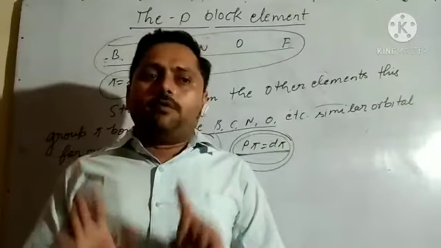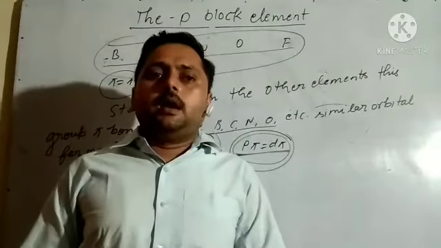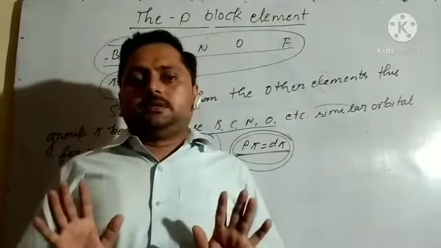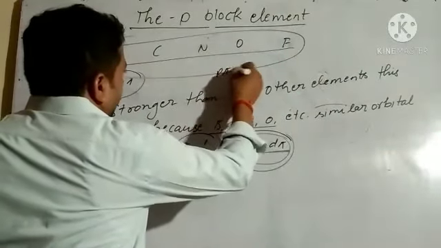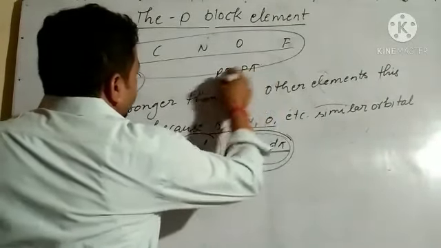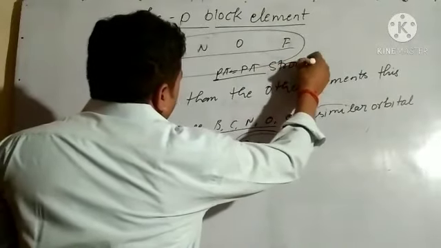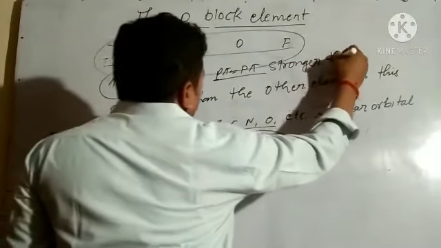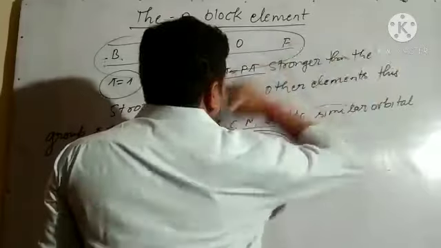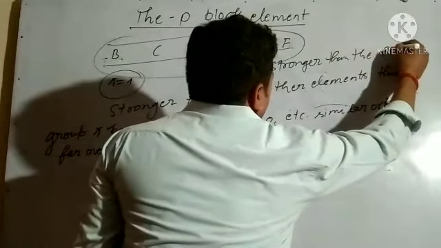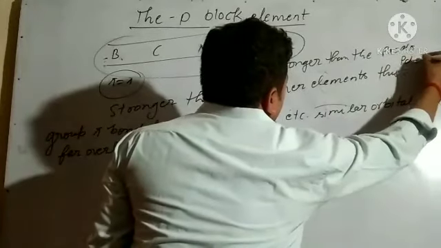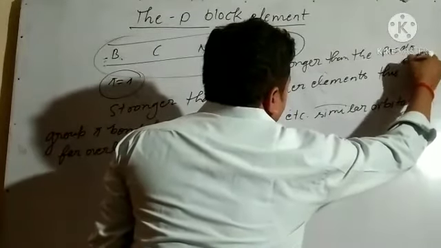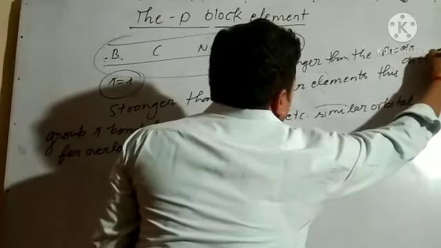So the pi bond is formed, but it is not as strong as the pi bond formed by the overlapping of p orbitals. So p pi-p pi bond is stronger than p pi-d pi and d pi-f pi.